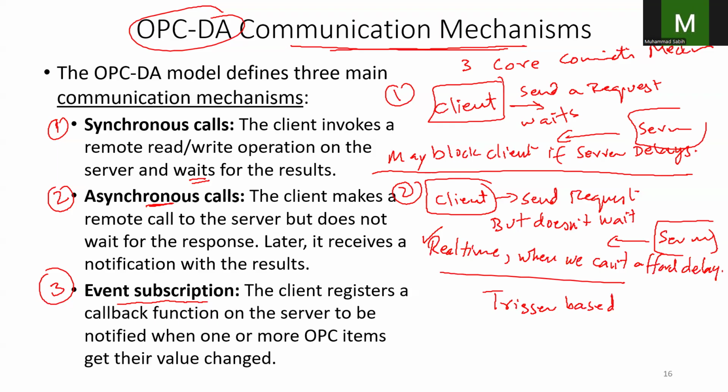The server is looking at it and has all the data. Let's say some specific variable, data 1. When data 1 changes, the server will send a callback to the client.